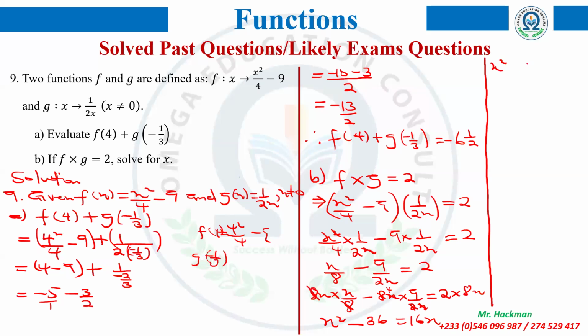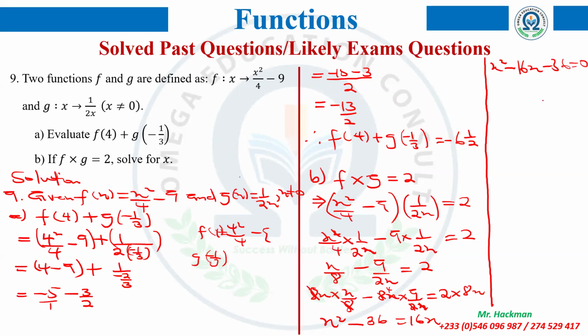So in that case, I have a quadratic equation. In order to solve, I have to move everything to one side. But the x squared term is positive, so I will move everything to that side, followed by the x term, which will be moved here to give you minus 16x, then minus 36 is equal to 0. So you come and solve for this. You look for a factor pair of minus 36, because the leading coefficient is 1.